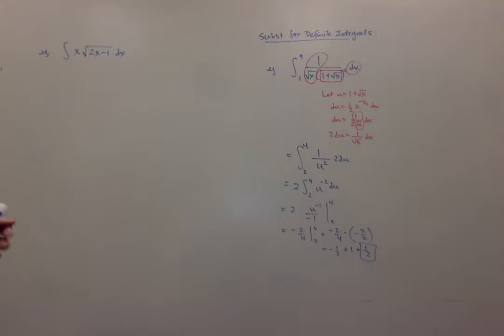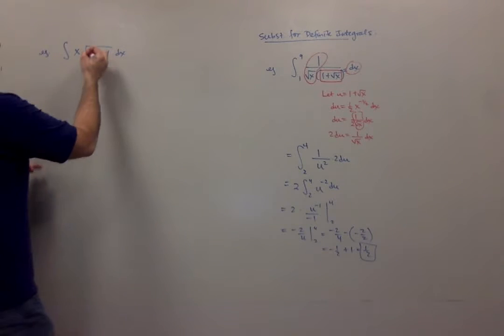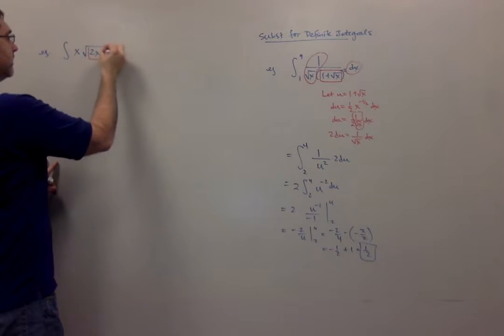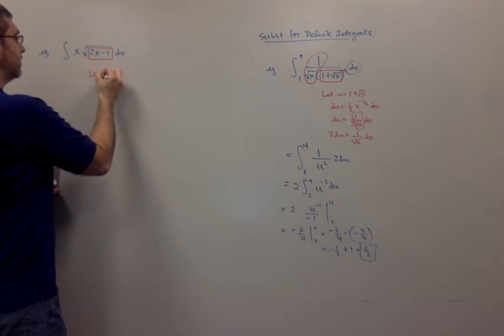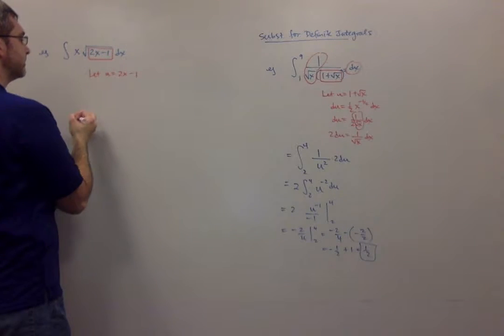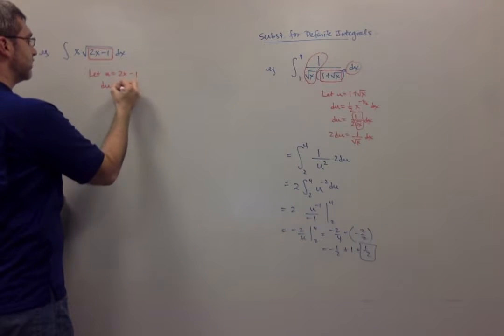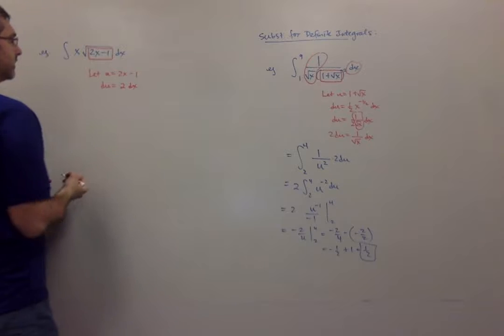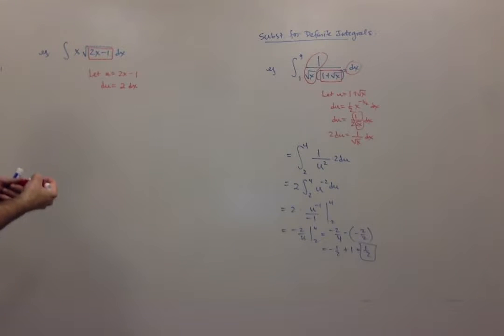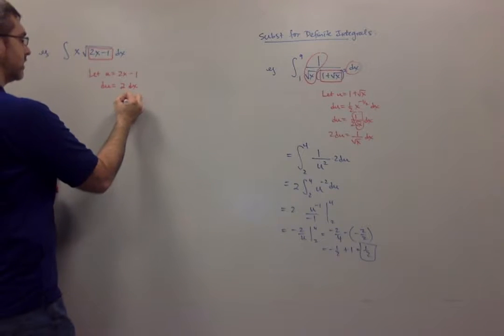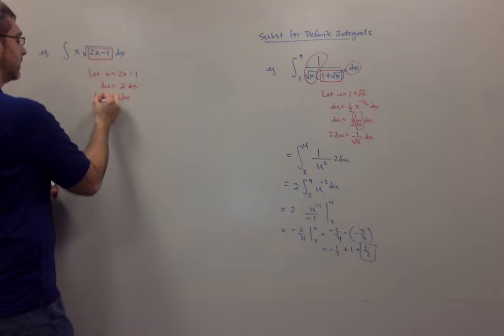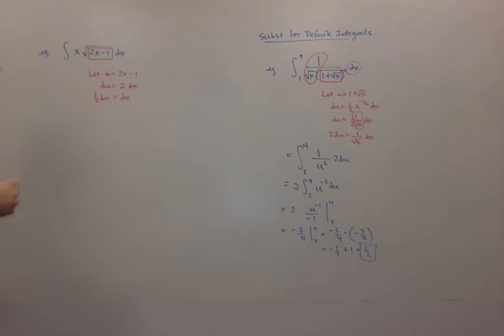I see a composition, and my inner function is that function right there. So if I let u equal my inner function, du is going to be the derivative of this function, which is just 2 dx. Okay, so I see a dx there. So I can bring that 2 to the other side. So I can substitute for this just fine.